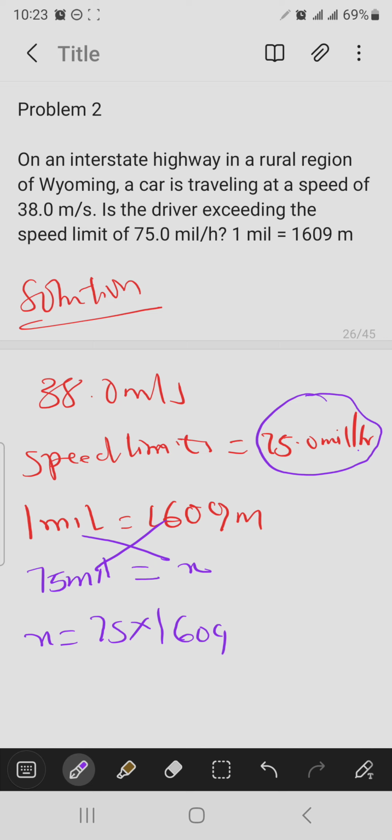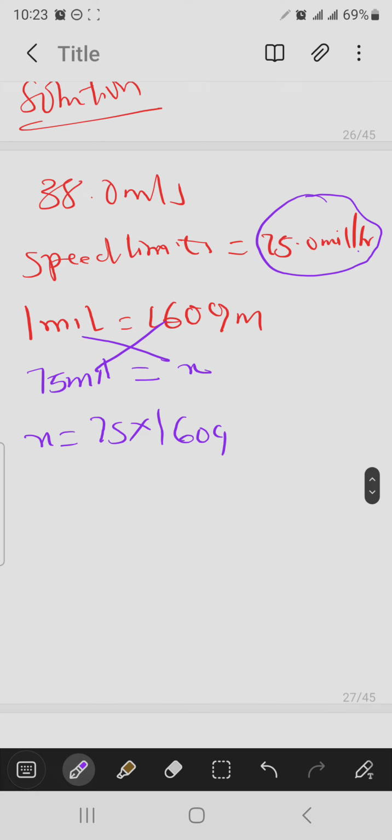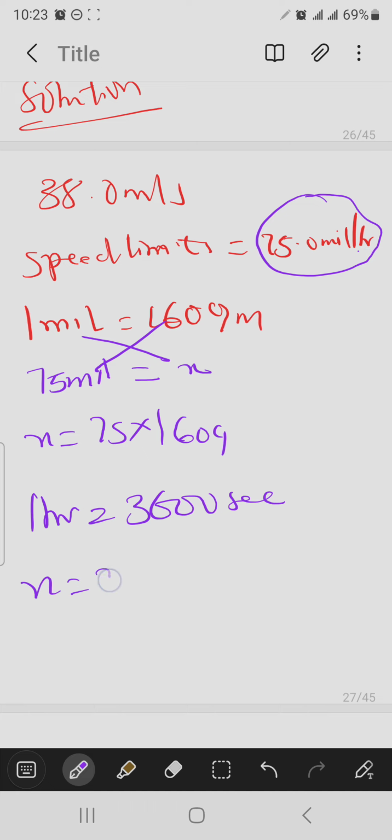When you convert your hour to seconds, from the question I did last time about minutes, hours and time, 1 hour is equal to 3,600 seconds. So it is now divided by 3,600. So your X now becomes 75 multiplied by 1609, divided by 3,600. So your X now becomes what?